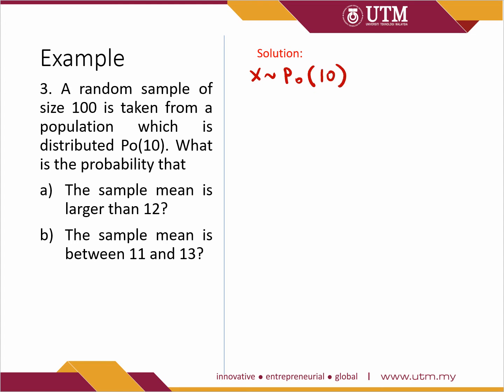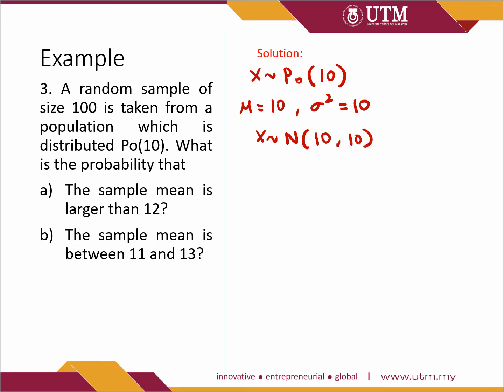So from here we know that the mean is equal to lambda, which is 10, and the variance is also equal to 10. So we can write that our x follows normal given the mean is 10 and the variance is 10.